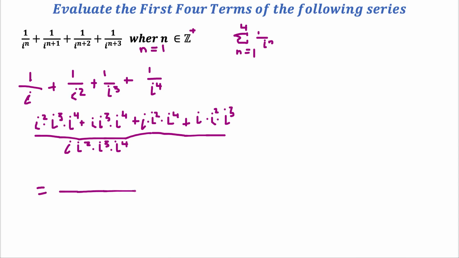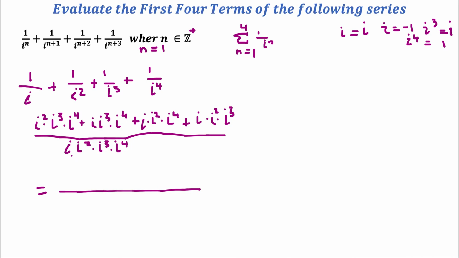Now we already know i squared is equal to minus 1, i to the first is equal to i, we already know for the imaginary numbers. i squared is equal to minus 1, i to the exponent 3 is equal to minus i, and i to the exponent 4 is equal to 1.